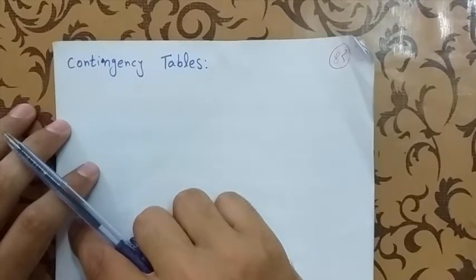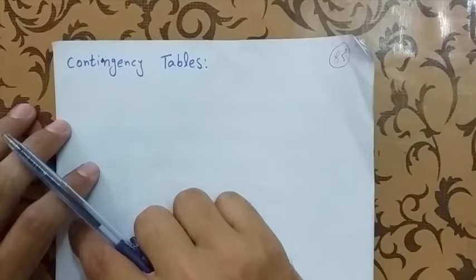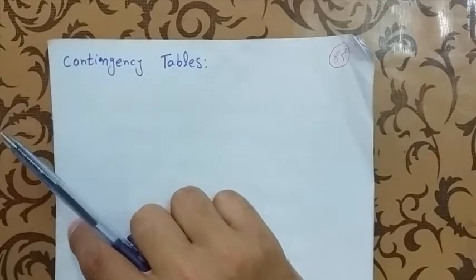Students, in the previous lecture you have studied what is chi-square distribution and how we will apply it on different types of problems. Today we discuss the extension of chi-square distribution.